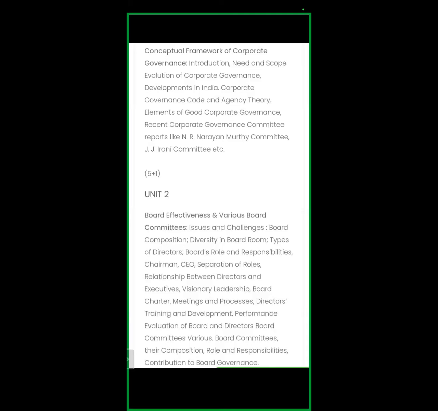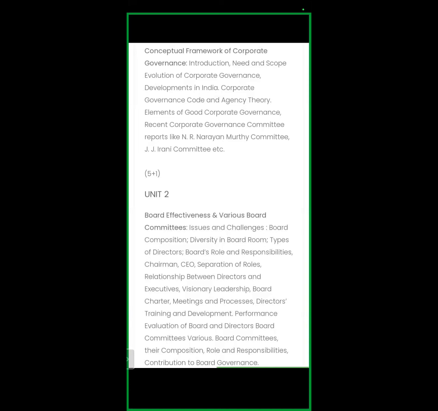We will also be discussing what the duties and responsibilities of the board of directors are. It is not that if a person is appointed as a director in the board, he enjoys only rights and no responsibilities there. Responsibilities are also there.